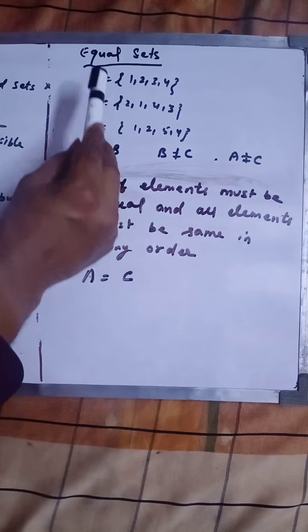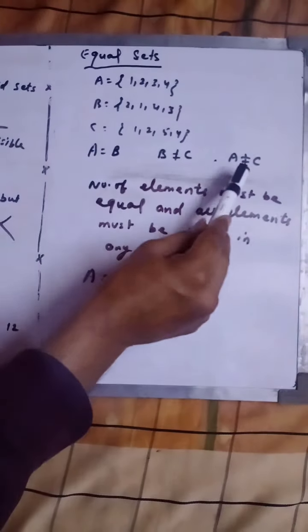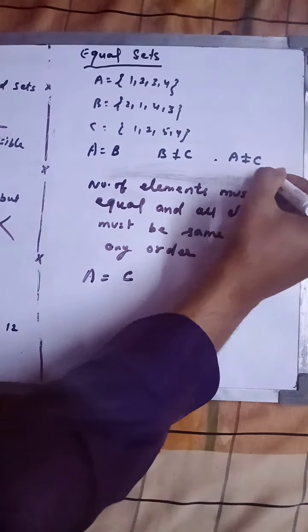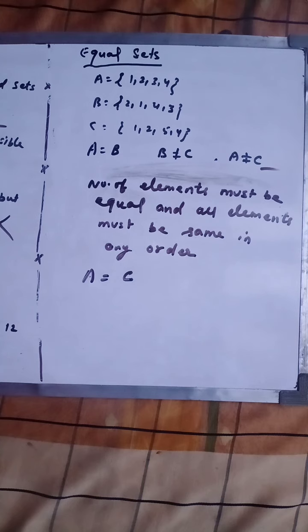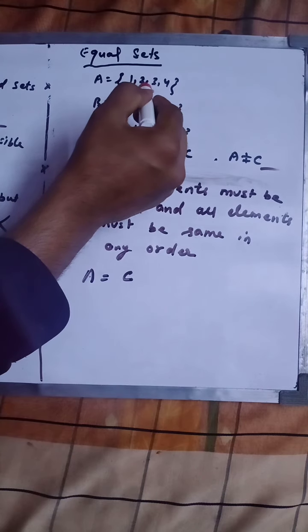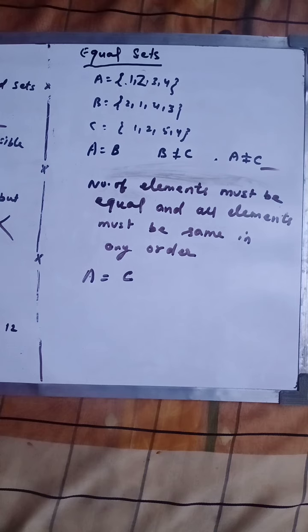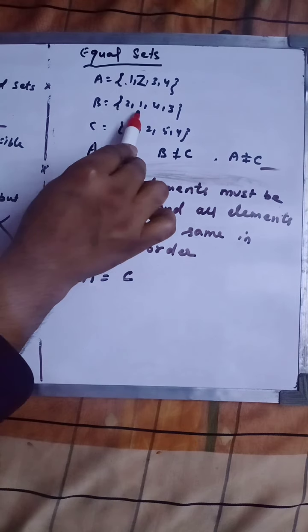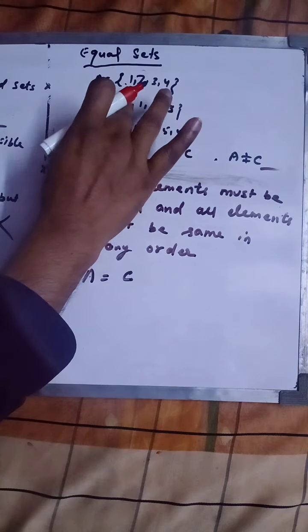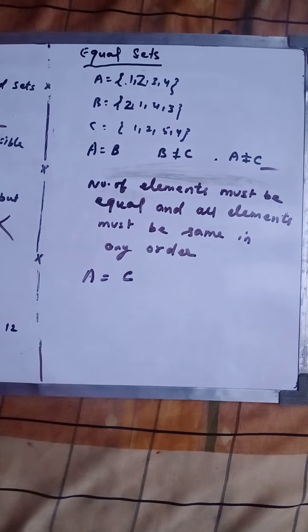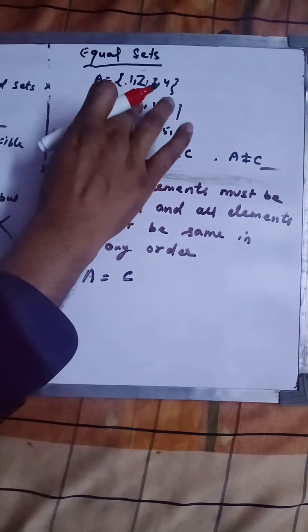So here A and C are not equal sets. But if you see A and B, A is 1, 2, 3, 4, and here B is 2, 1, 4, 3.